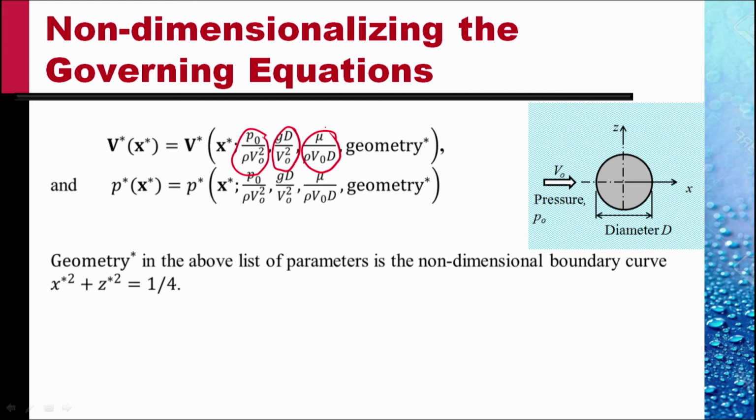They will give the same non-dimensional solution V star as a function of X star. Similarly, for pressure. These 3 groups are termed pi numbers.